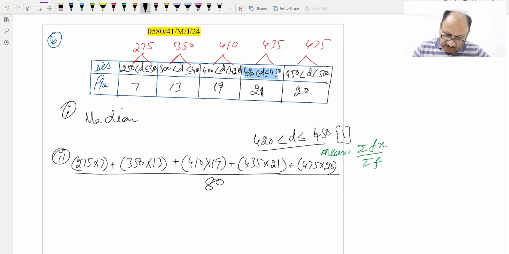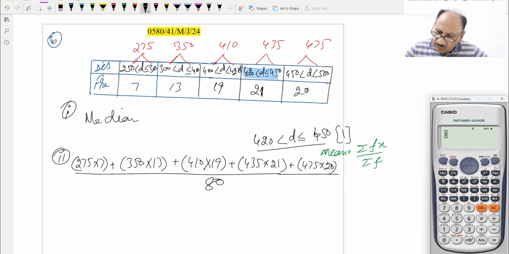Now we just need to calculate with the help of a calculator. 275 into 7, plus 350 into 13, plus 410 into 19, with brackets, plus 435 into 21, plus 475 into 20, and divided by 80.